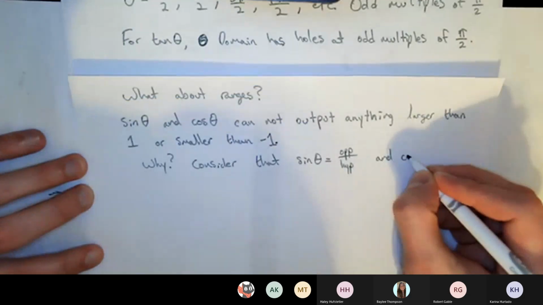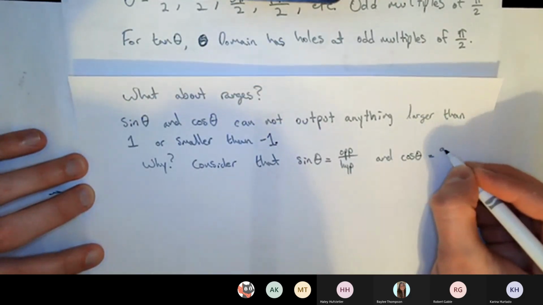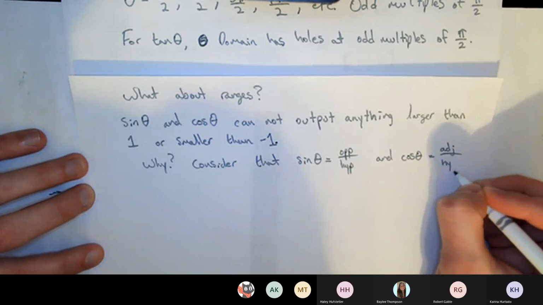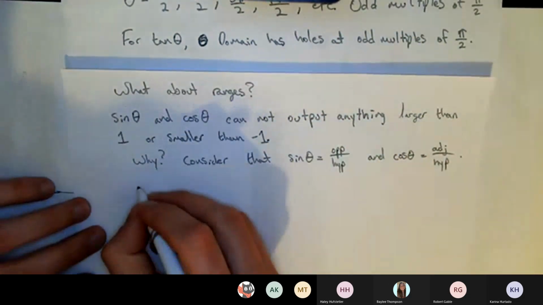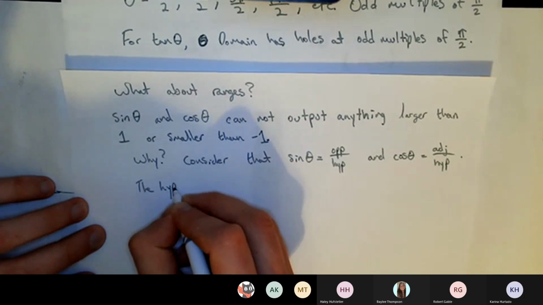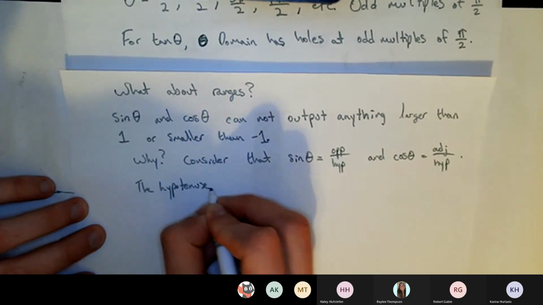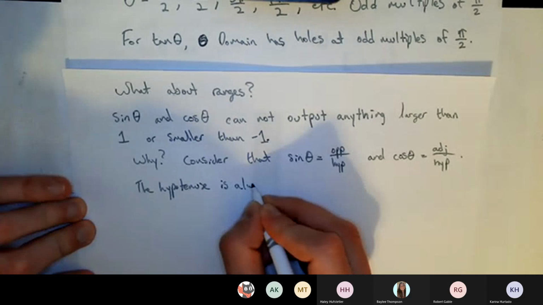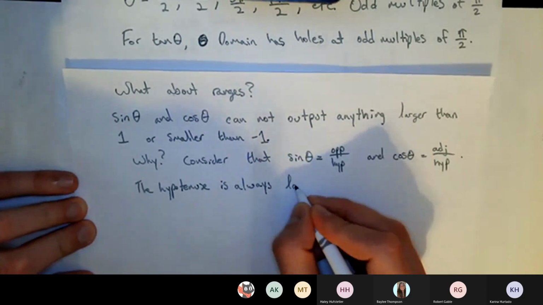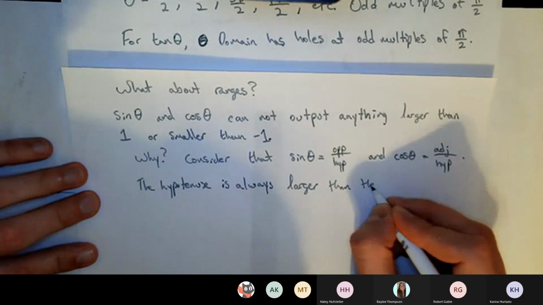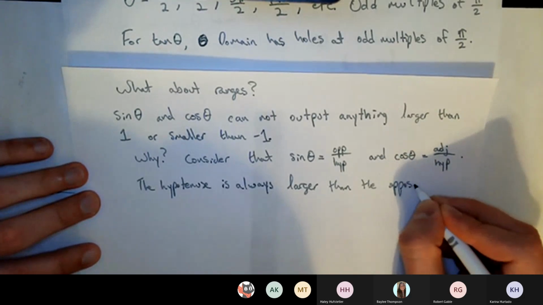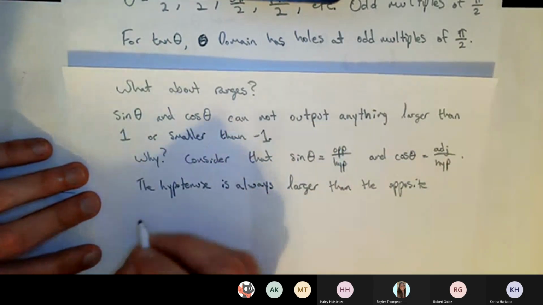And of course, cosine of theta is equal to the adjacent side over the hypotenuse. Now, here comes a fact that you already know. The hypotenuse is always larger than the other sides, than the legs, right? Than the opposite or adjacent sides.